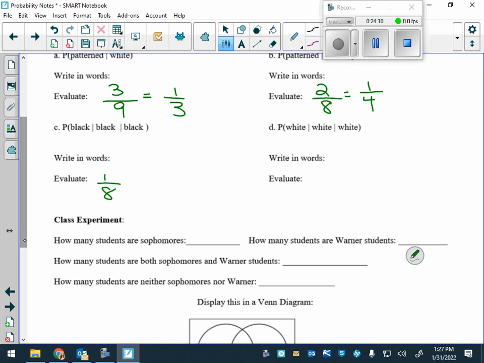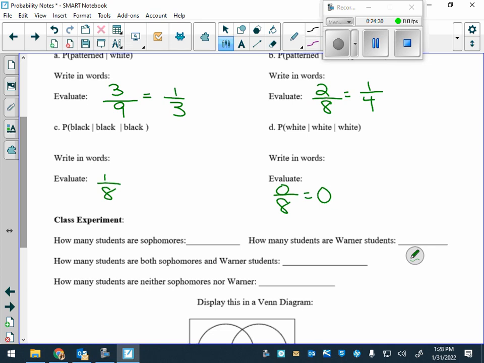Probability of selecting a white mask, given you have already selected 2 white masks. Oh, wow. Hands are quick on that one. Brayden? 0. 0 out of 8.